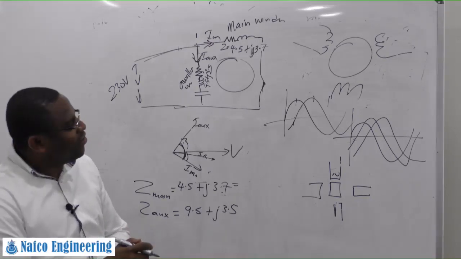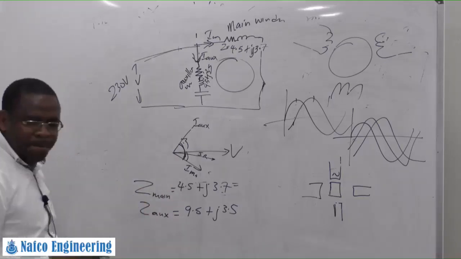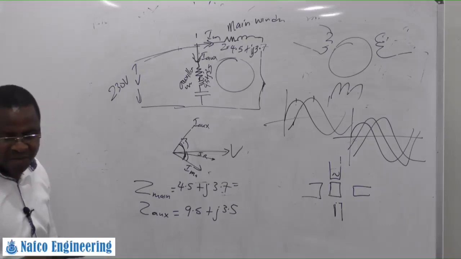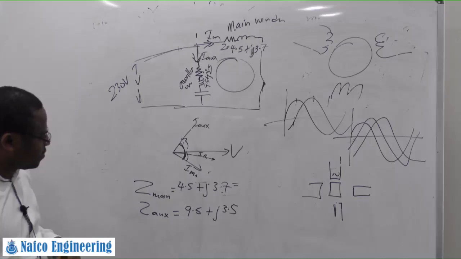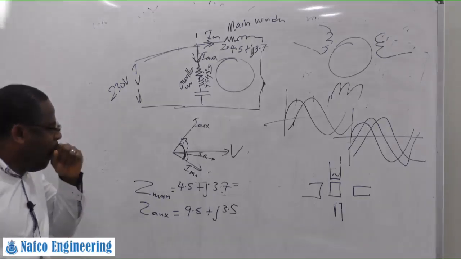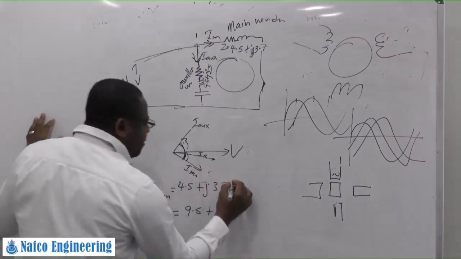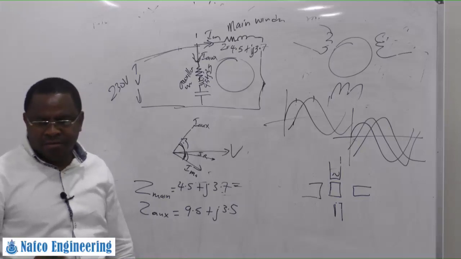They put 3.7 on top. It's just a mistake, so which one can we take? I think the 3.7, since they used 3.7 in the calculation. So let's take 4.5 plus j3.7.